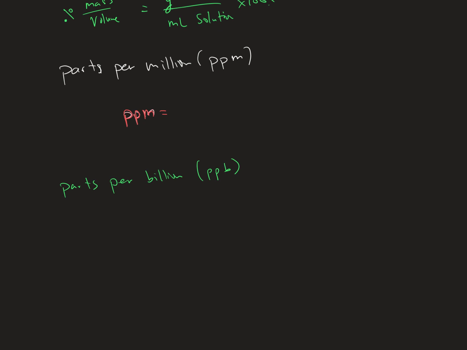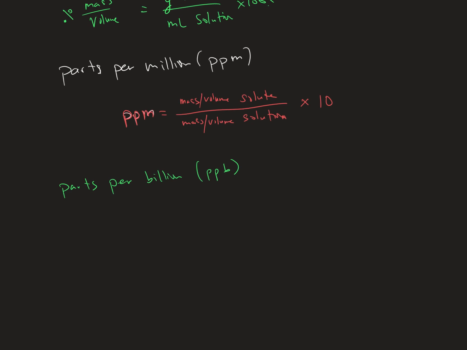So it's going to be mass or volume of solute over mass or volume of solution. Then we got to do one other thing. We got to multiply it by 1 million. Million, as in scientific notation, is just 10 to the 6th power. Okay?